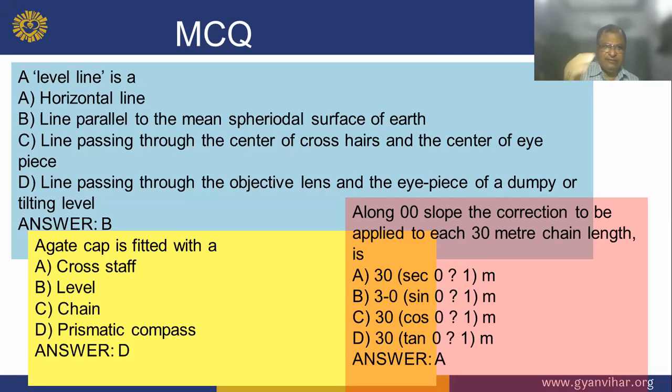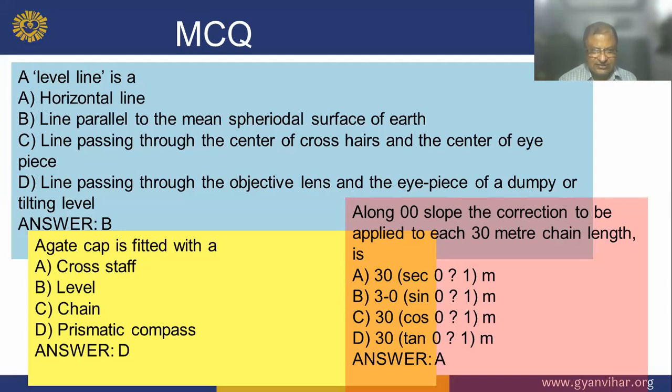Next question. A level line is horizontal, vertical, or how? The correct answer is B, a line parallel to the mean spherical surface of the Earth. And next question: a cap is fitted with, tell me, we have just read.